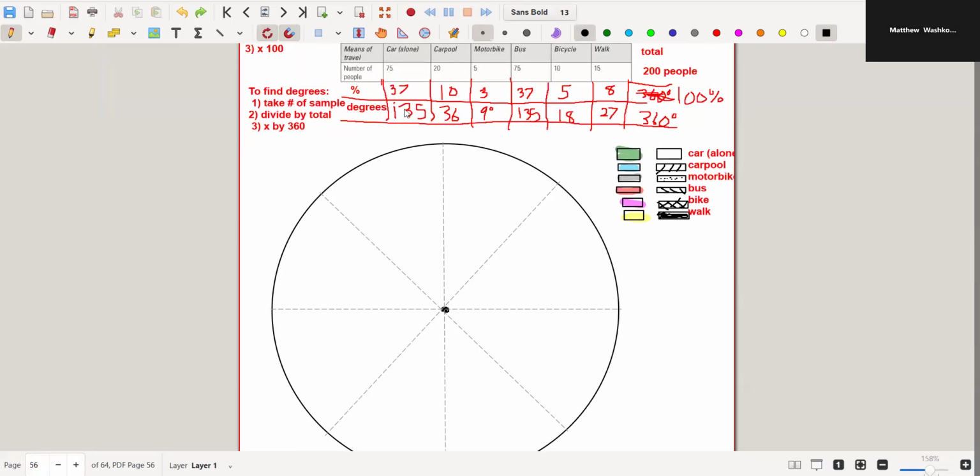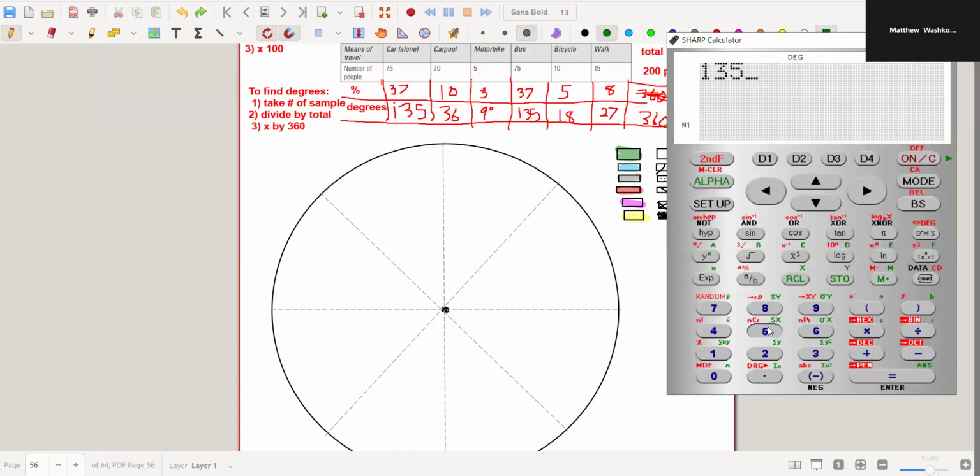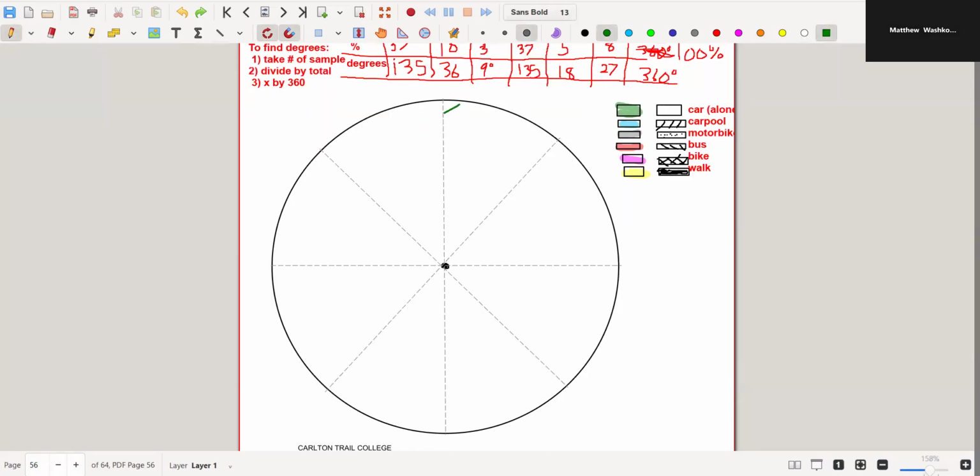So if this one here is 135, starting here, I'm going to use green. So 135, so that's the case. One of these sections is 90. Two of these sections, I still have 45 remaining, another 45. So this one here would be 3 of these sections here.